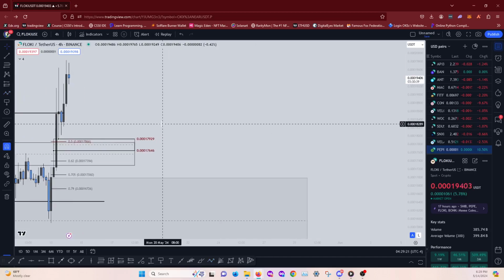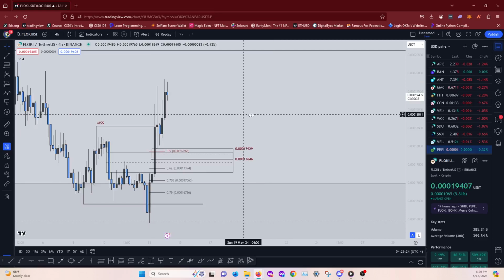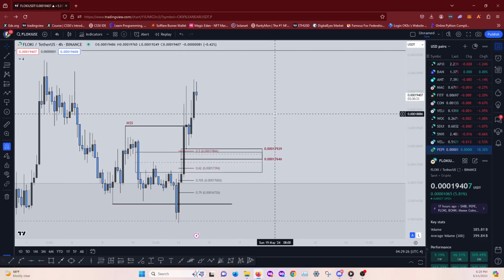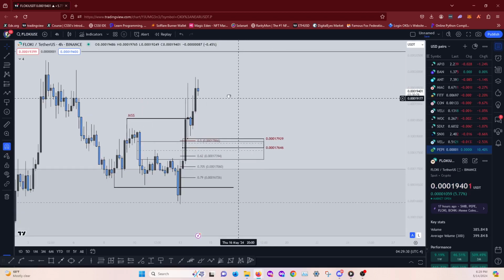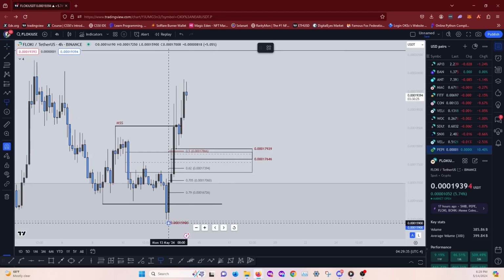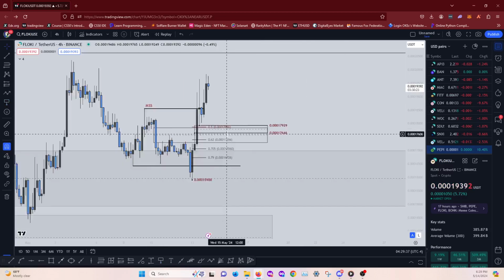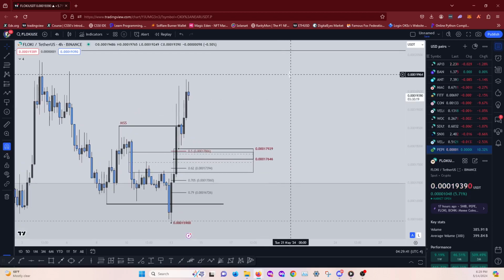Whenever you see a fair value gap, look to the left as well, and if there's one inverse, you can definitely consider that as a point of interest in terms of where price could draw to. So your stop loss would obviously be at this sell side sweep, and yeah, go for it, homies.